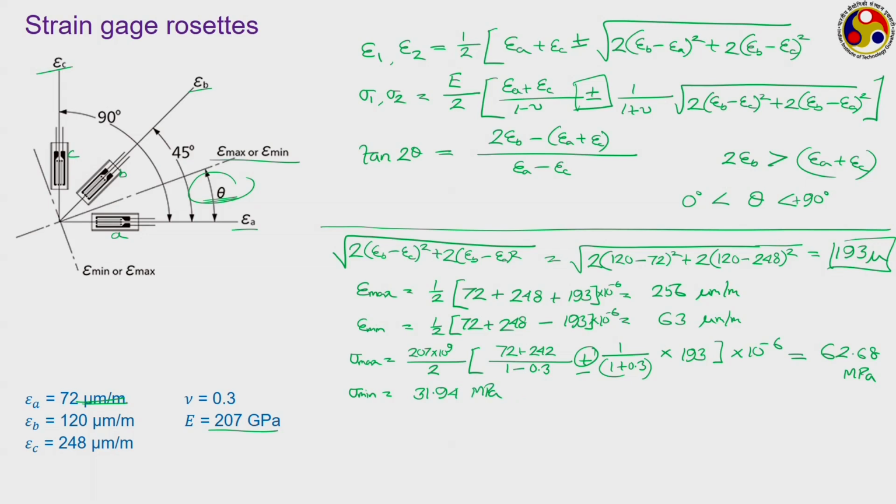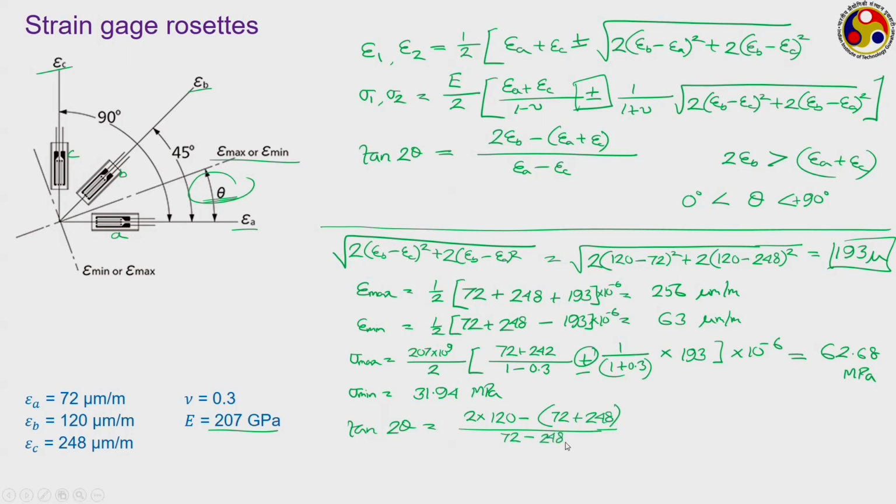So now we have to get the direction in which this epsilon max and min are working, or the principal direction. So tan 2 theta is equal to twice epsilon b, that is 120, minus epsilon a, which is 72, plus epsilon c, which is 248, divided by epsilon a minus epsilon c, that is 72 minus 248.